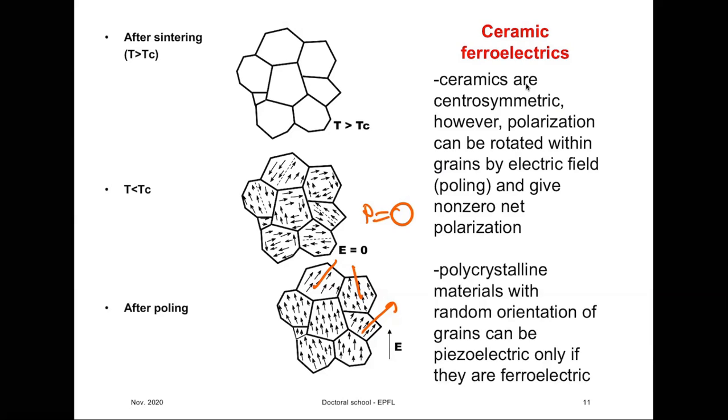Now, there are materials that are uniaxial ferroelectrics, such as lithium niobate, in which you have only 180-degree domains, and there it might be possible. I actually don't know whether one can have a ceramic without any domains in lithium niobate ceramics.